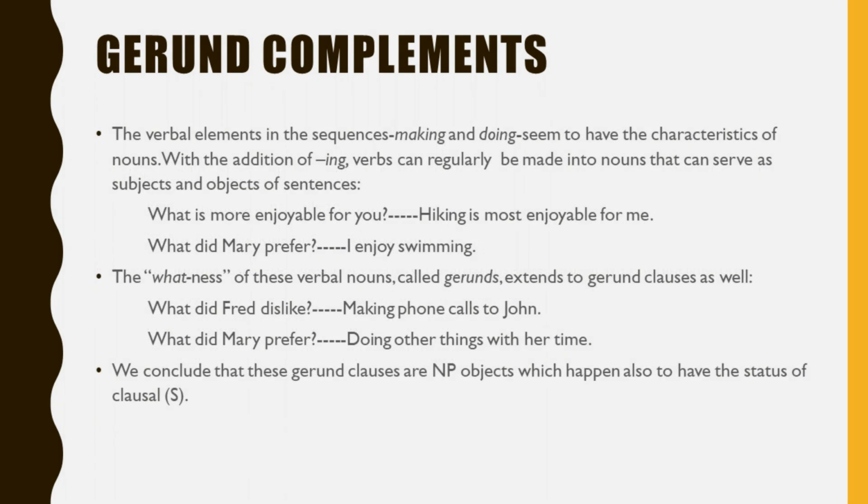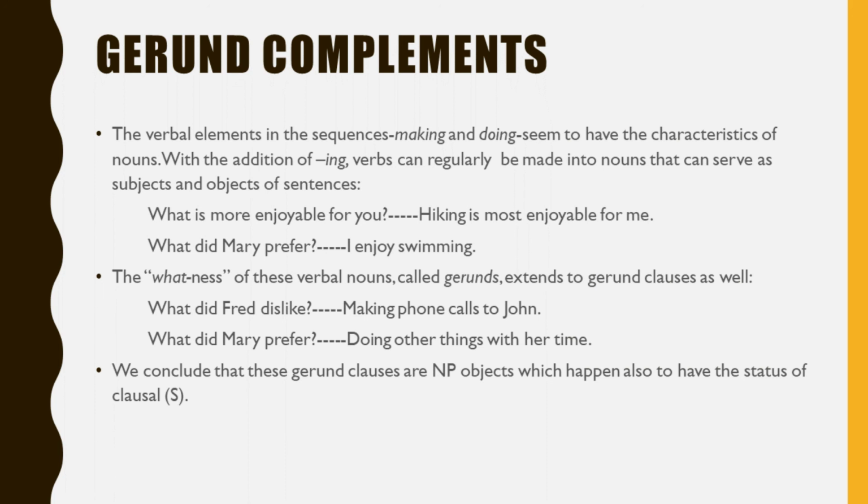However, the verbal elements in the sequences making and doing seem to have the characteristics of nouns. With the addition of -ing, verbs can regularly be made into nouns that can serve as subjects and objects of sentences. For example, what is most enjoyable for you? Hiking is most enjoyable for me. What do you enjoy? I enjoy swimming.